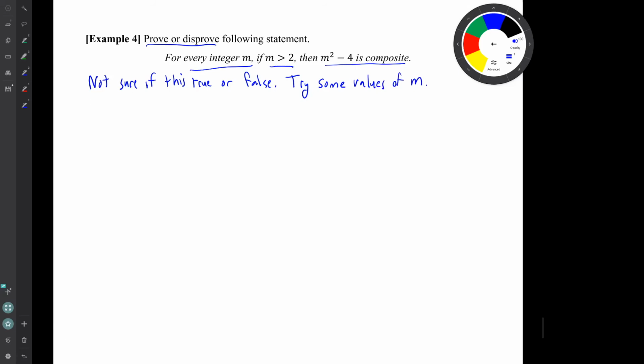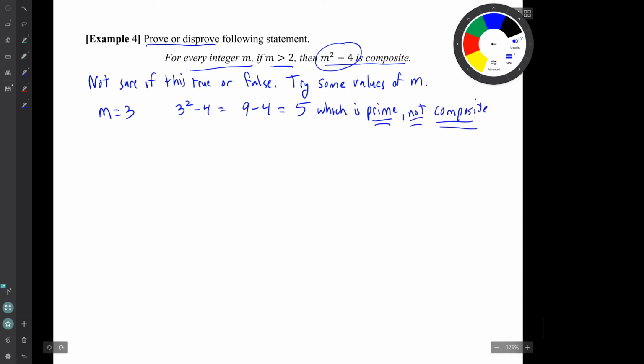We just need to try some values of m that are greater than 2 to see if we believe this statement is true or think that maybe it's false. Oh, geez, the very first number that we try, m equals 3, the first number that we can think of that's greater than 2, when I compute m squared minus 4, I get the number 5. That's prime.